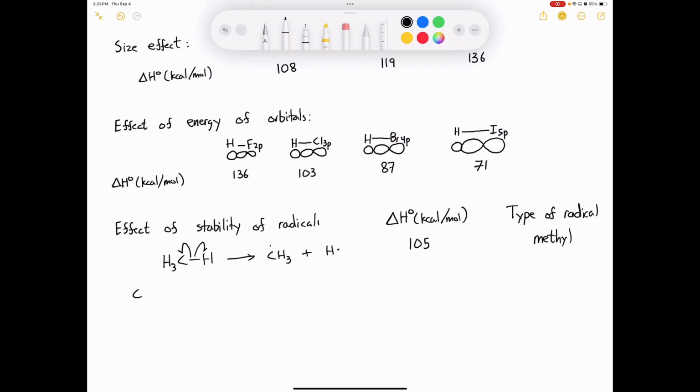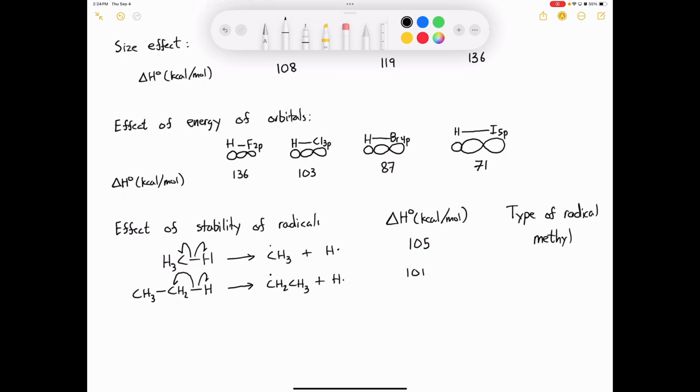Then we have some other radicals here, namely ethane. So let's do CH2. And this is the other H to the carbon. All right. This breaks and this goes back to that carbon, and we get CH2, CH3 radical plus H atom. All right, this one is 101 kcals per mole, so not that different.